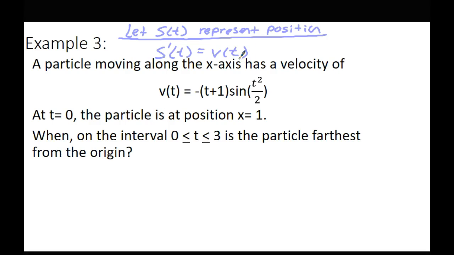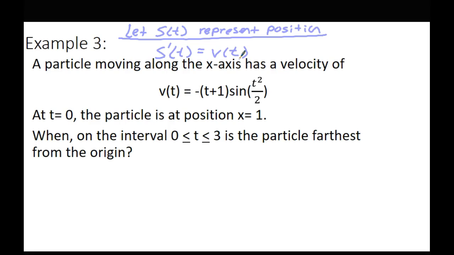So I'm just kind of preparing your minds for what's coming up here. All right, a particle is moving according to this function here. At t equals 0, the particle is at position 1. When on the interval from 0 to 3 is the particle farthest from the origin?